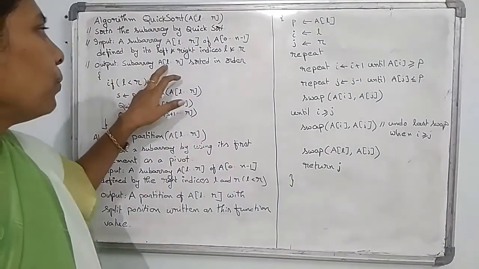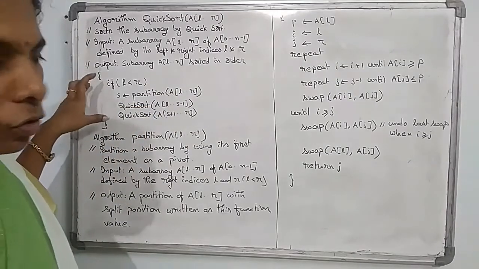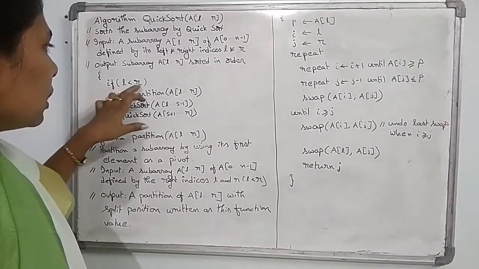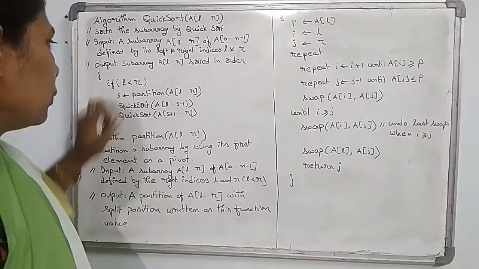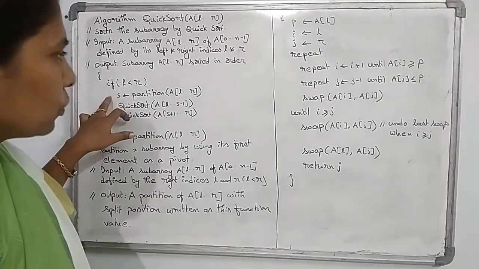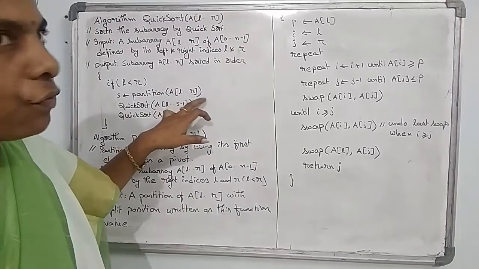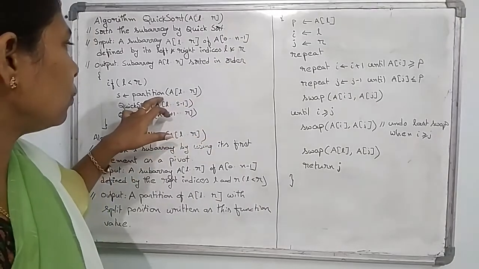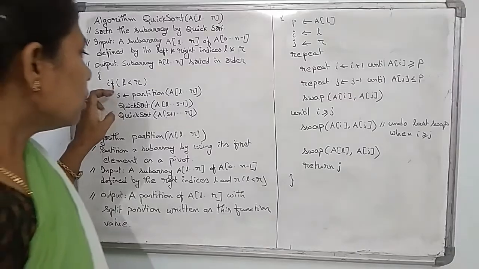The output is the subarray A[L..R] in sorted order. You check whether L is less than R, that is, the left index is less than the right index. Then you identify S, the split position, which represents the partition of A[L..R].